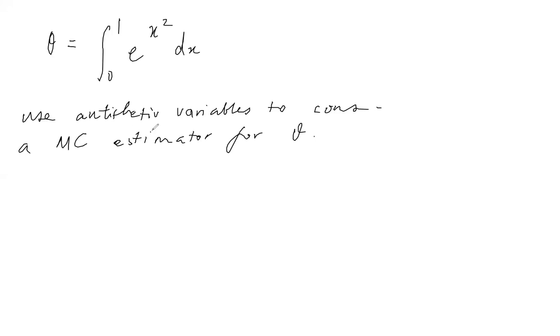Okay. So as you can see over here, this is again using uniform, right? So basically your X is uniform, right? Okay. Basically, this is the expectation of E of X squared, where your X is uniform, right?